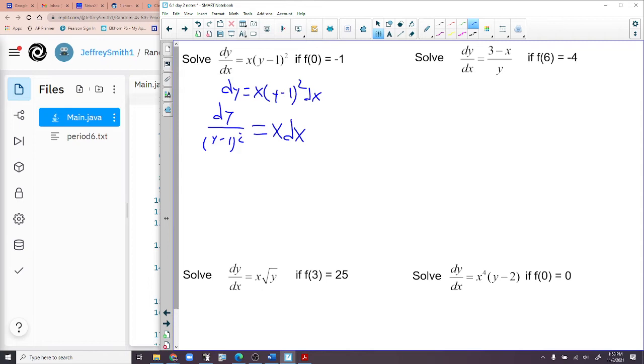Perfect. Okay, now integrate, right? We're going to integrate. And I'll help you with this too. On the next line, let's write this. Integral sign. On the next line, integral sign. Y minus 1. No. Oh, sit down.